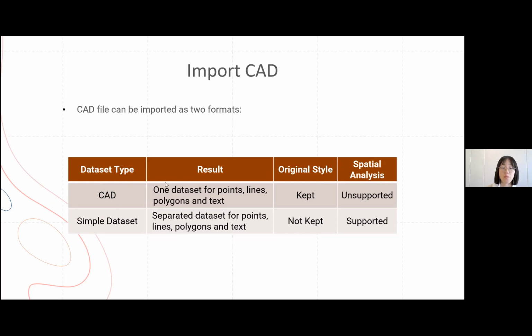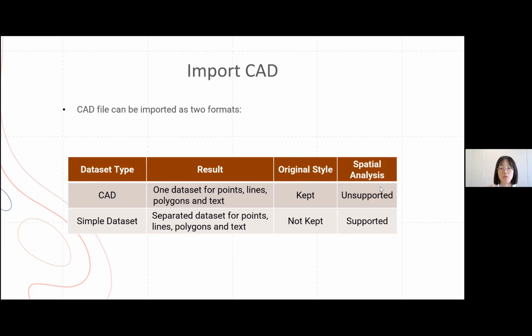If you choose this one, the CAD file you import into SuperMap iDesktopX would be one dataset with points, lines, polygons, and text all together inside it. And the original style saved in the CAD file would be kept. But for that format, you cannot conduct any spatial analysis.